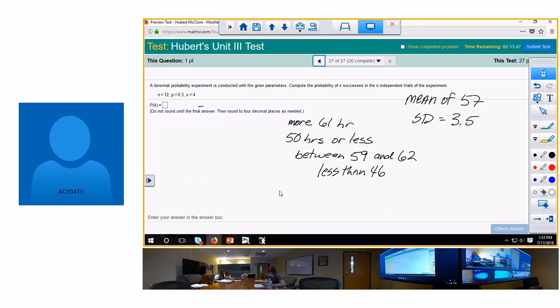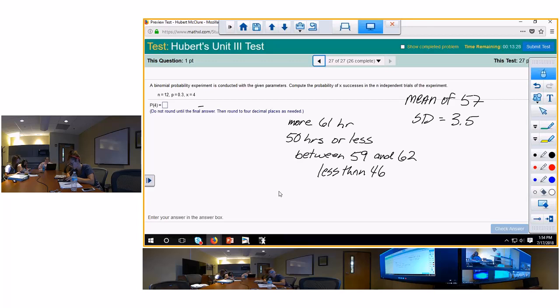Oh, another MPX. Oh, this one's easy. All you got to do is do it one time. If you miss this one, don't tell anybody. And don't punch in the wrong thing like I did. Make sure it's binomial PDF.